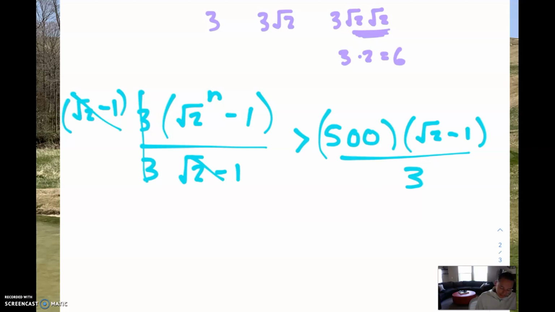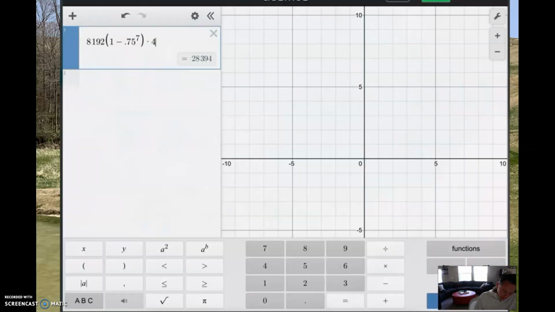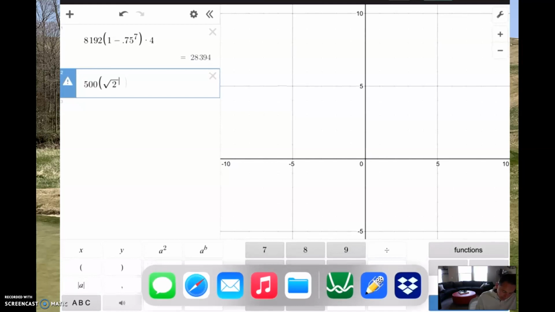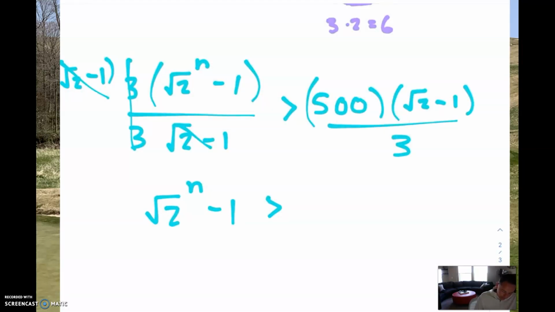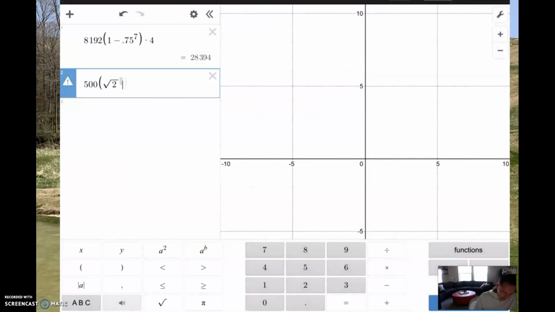So let's go ahead and type this into Desmos first. So we get root 2 to the n minus 1 greater than, we'll go to Desmos, and we have 500 times the square root of 2, raised to the power of, nothing I think, subtract 1.